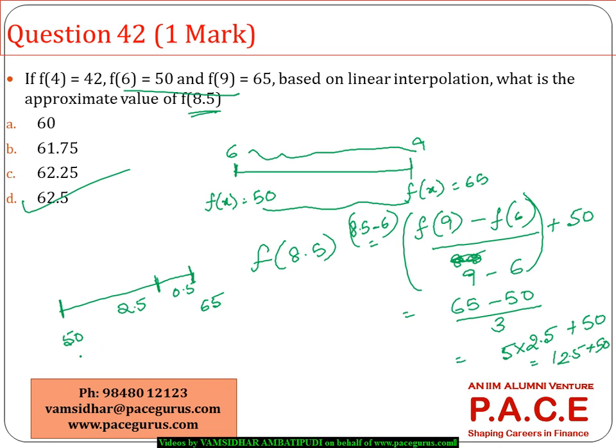If I divide this distance into two parts such that it is 2.5 units this side and 0.5 units this side, or in the ratio of 5 is to 1, this point is nothing but 62.5. Even with simple logic, we can solve these kinds of questions. Alright, let's move on to the next one then.